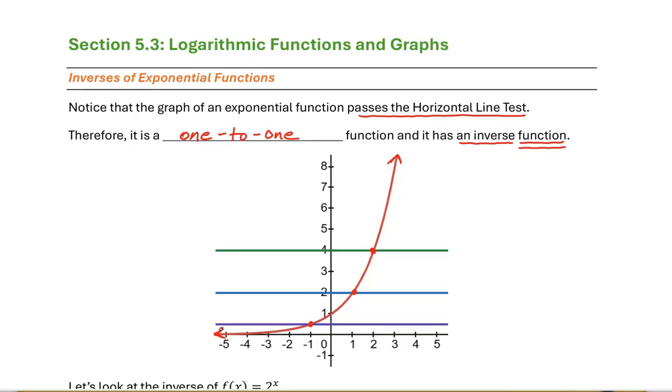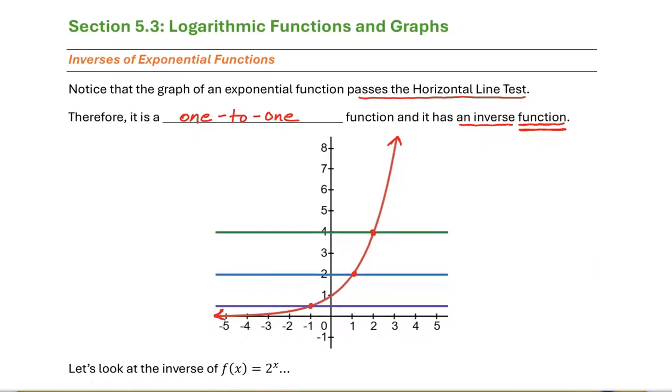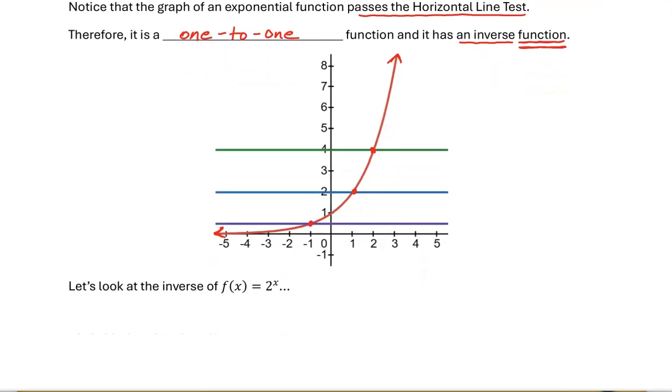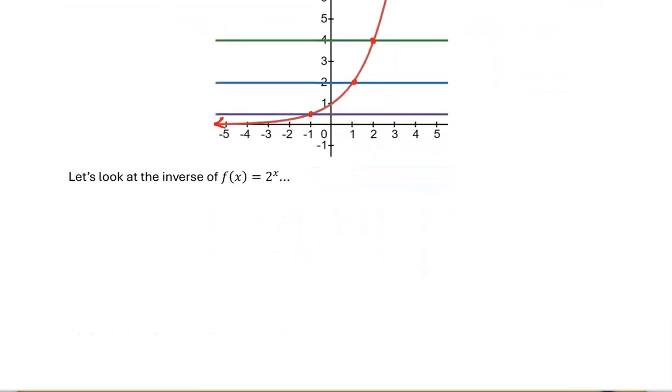Even something that's not a function, you could come up with an inverse formula, as the book likes to call it, or an inverse equation, but that wouldn't always represent a function, as in the graph would pass the vertical line test. So this passes the horizontal line test, so the inverse will pass the vertical line test. So the inverse is also a function, and we're going to look at the inverse of this exponential function 2 to the x on the next page.